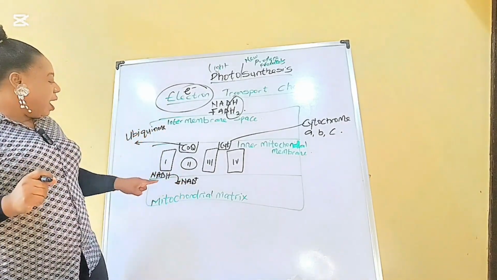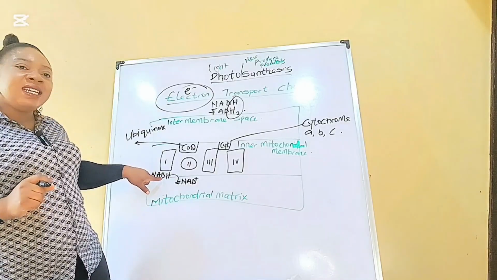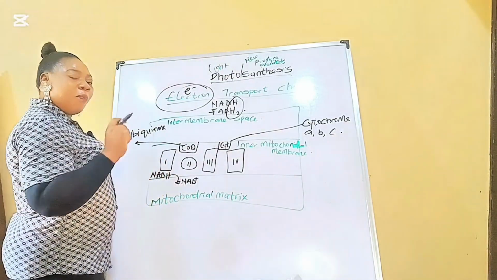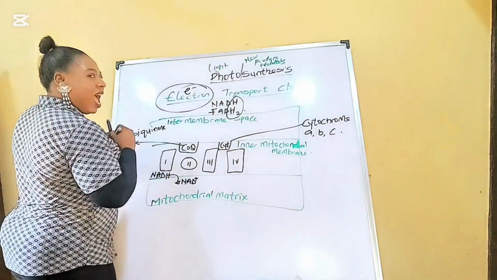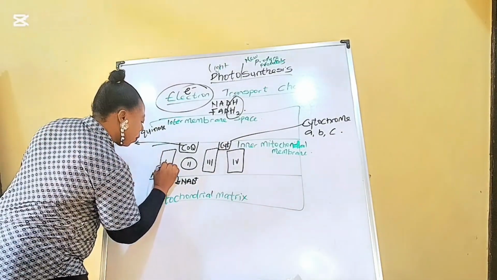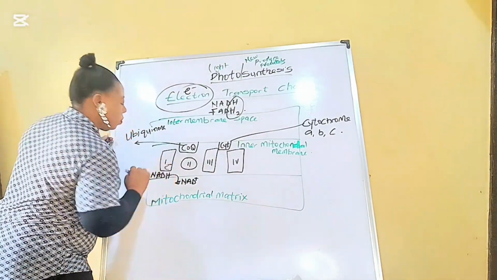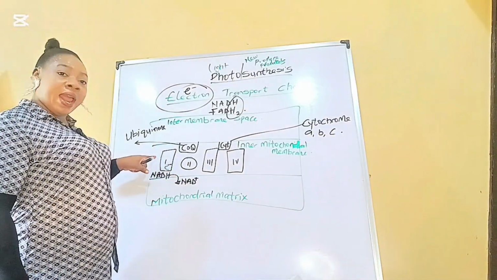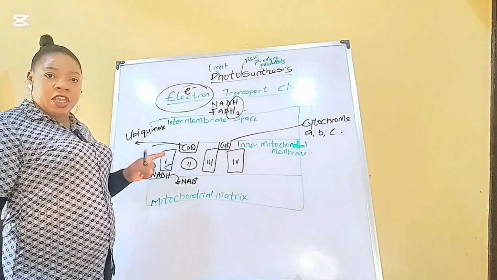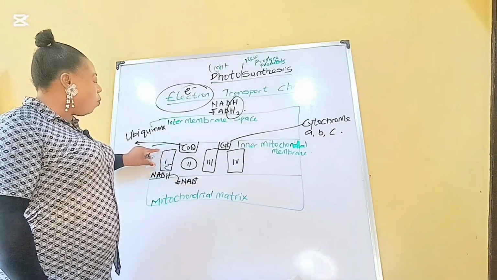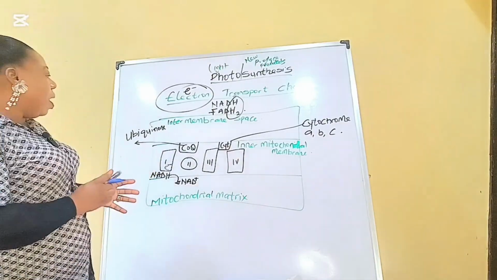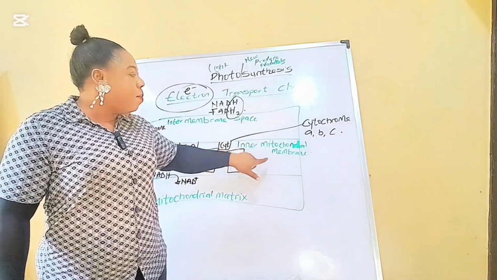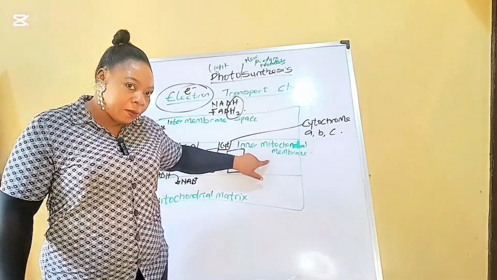After releasing its electrons, the electron enters into complex 1. So the electron that enters this complex 1 from the NADH will make complex 1 supercharged. Remember, these are taking place in the inner mitochondrial membrane.